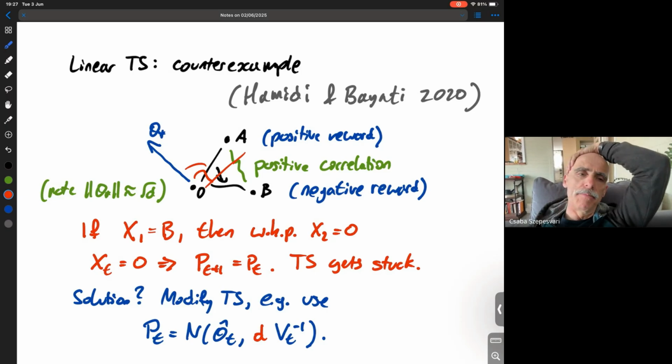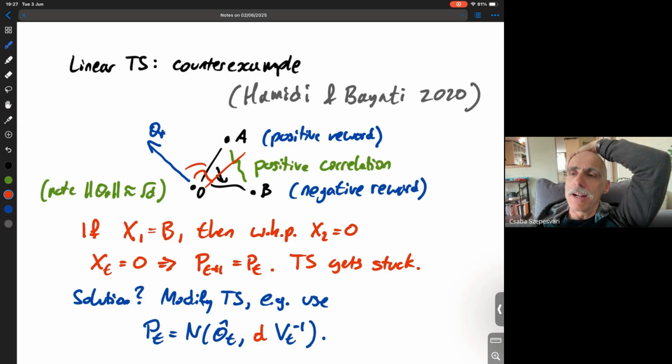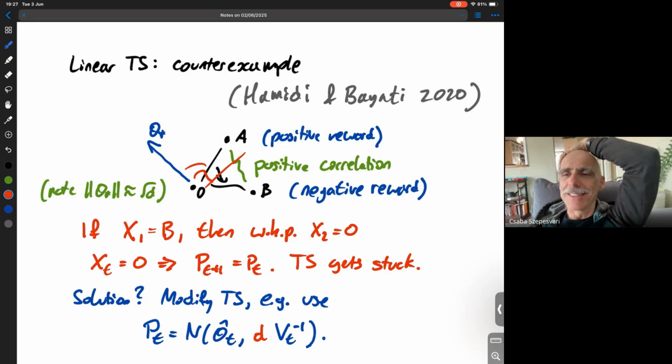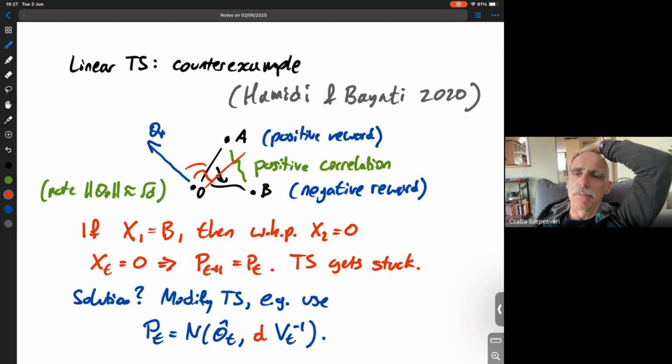But if you're not scale invariant in this way, then okay, this example doesn't work. Yeah, I think it would be nice to have scale invariance if you can have it, and if other algorithms have it, then not having it is a bit of a problem. Maybe not a big problem, but a bit of a problem.